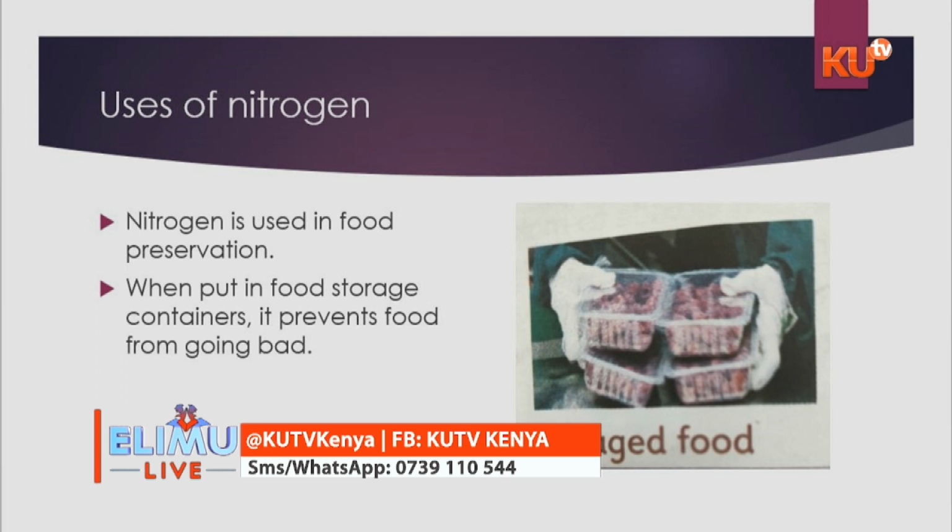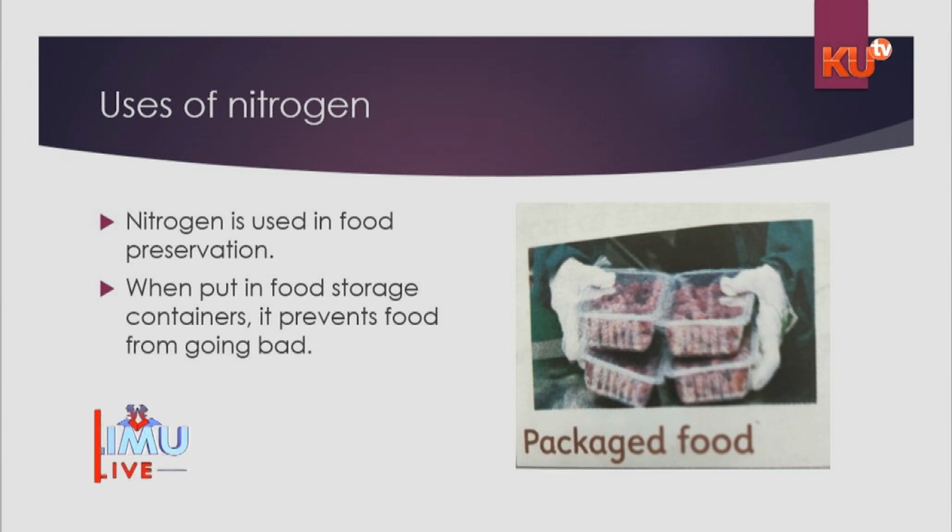When foods are packaged or stored in some packets, nitrogen is also used in those packages to help preserve the food so that the food does not go bad. So the first use of nitrogen is food preservation. It is put in the storage containers that food has been packed in, so that the food cannot go bad.